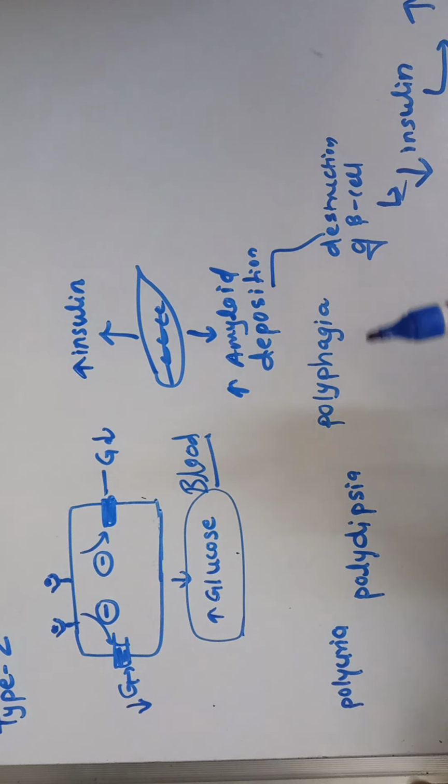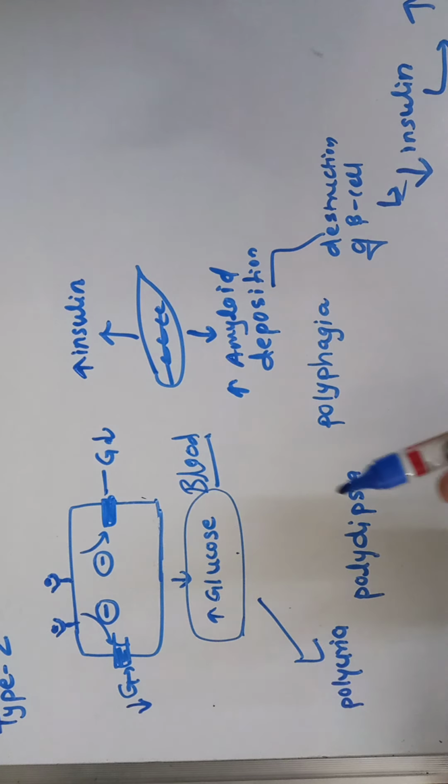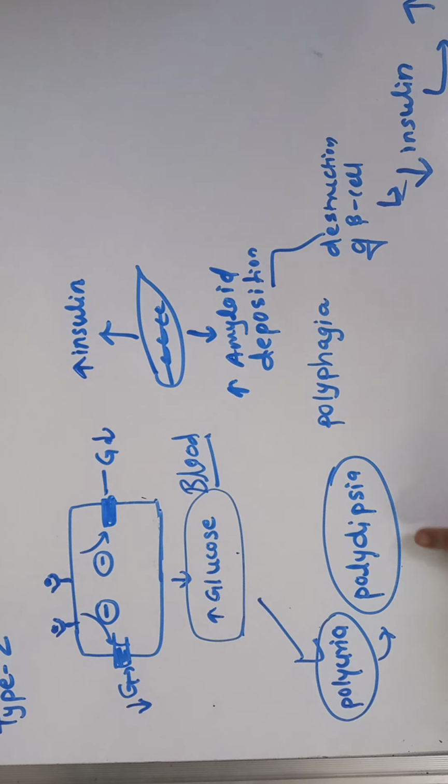The same condition happens: your kidneys' load becomes more, they try to absorb more glucose and cannot, so they excrete it in urine and the condition becomes polyuria. Because of this polyuria, the person feels more thirsty, and that condition we call polydipsia.